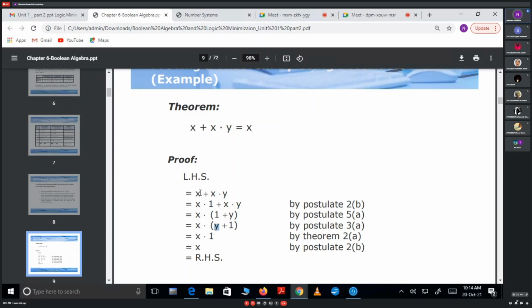Because 1 plus 1, you know, is 0 in some contexts, but 0 plus 1 is 1. But you should know this particular postulate. So y plus 1, that is 1, because either it can be 0 or it can be 1. And then x dot 1, that is x. So this LHS equals RHS, this is true.